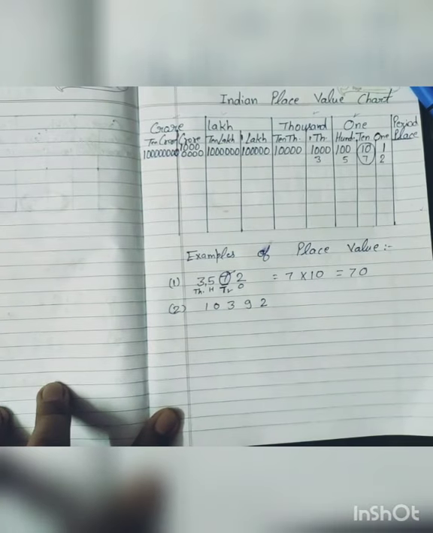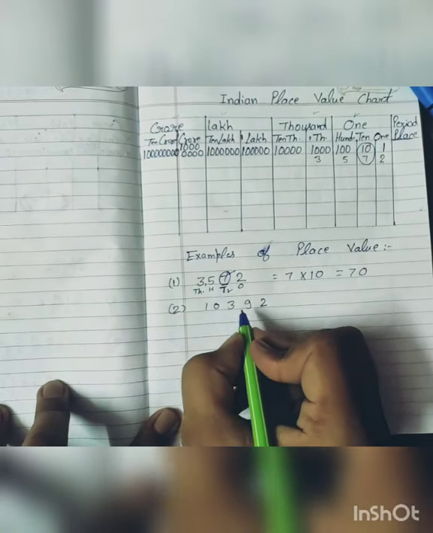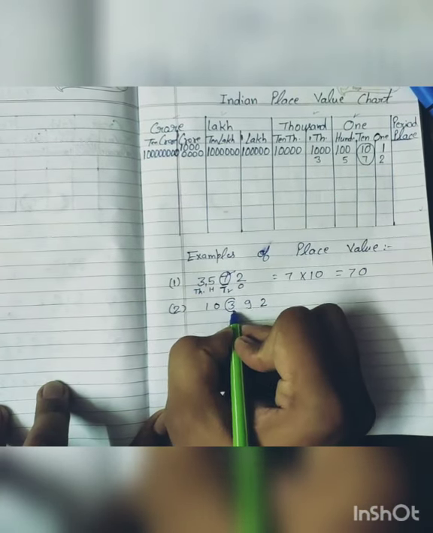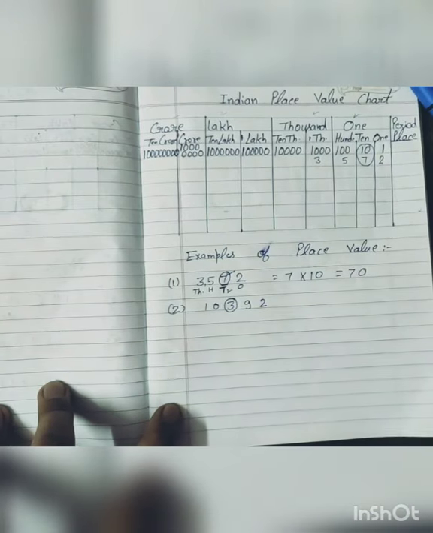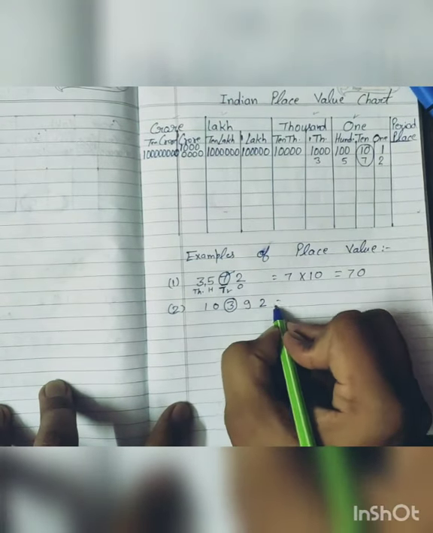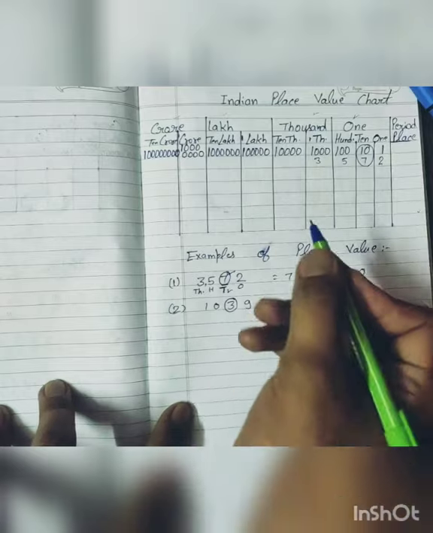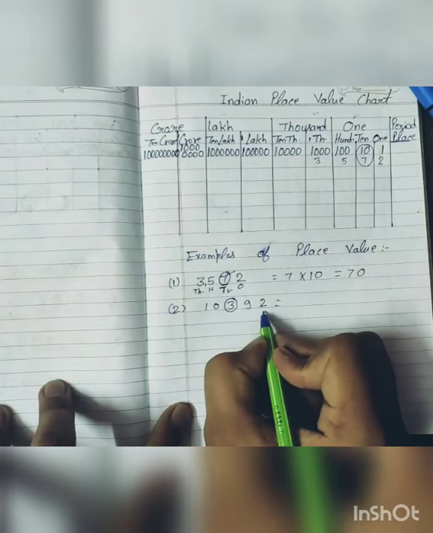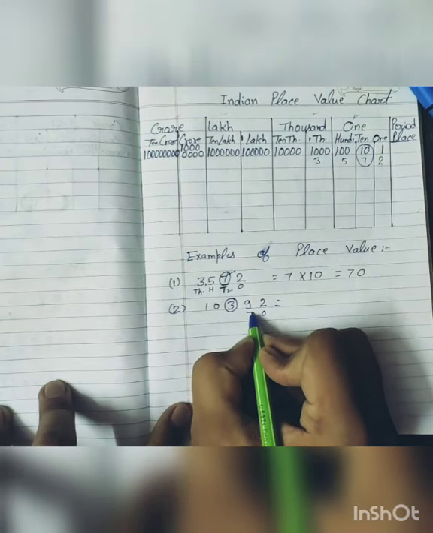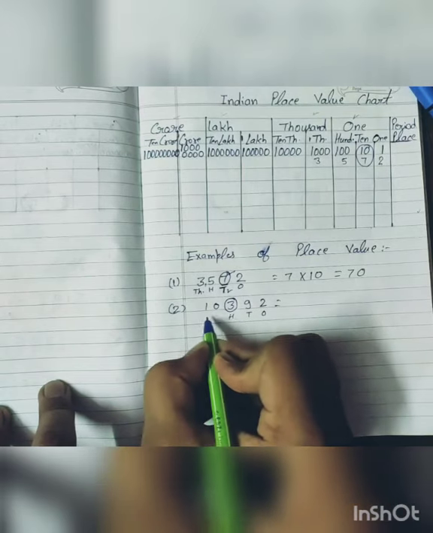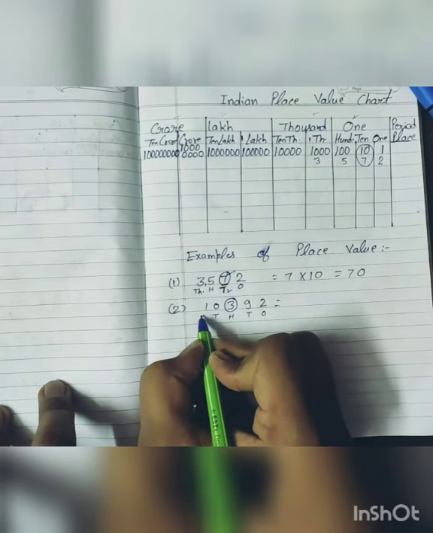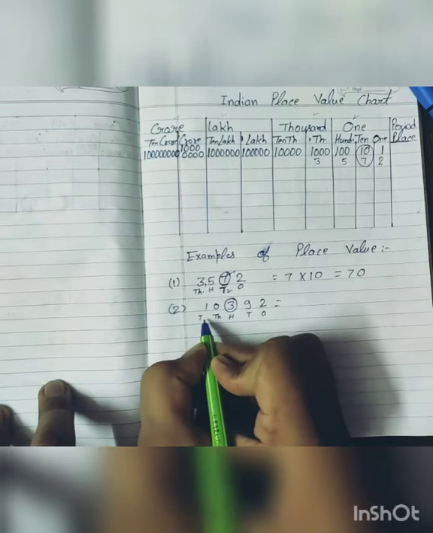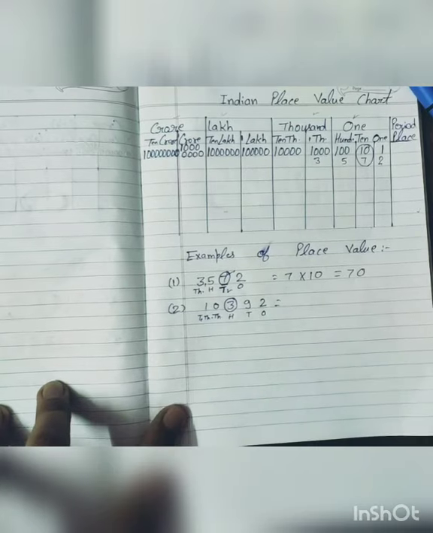Okay, let's do one more example. 10392. Clear? And you have to find out the place value of 3. Again we have to put the number according to the table. This is on 1's place, this is on 10's place, this is on 100, this is 1000, this is 10,000. Clear?